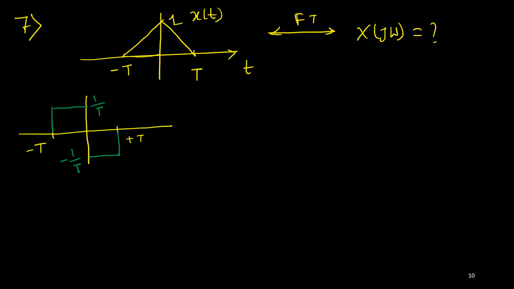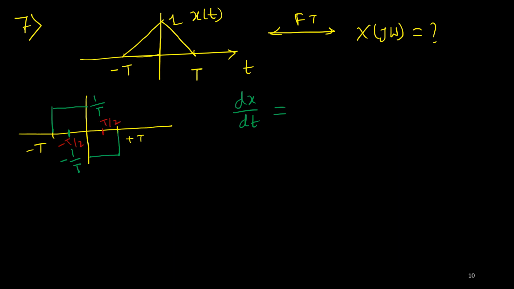That means dx/dt, the derivative of this one, will have one gate function that is centered at minus T by 2, and another one centered at plus T by 2.